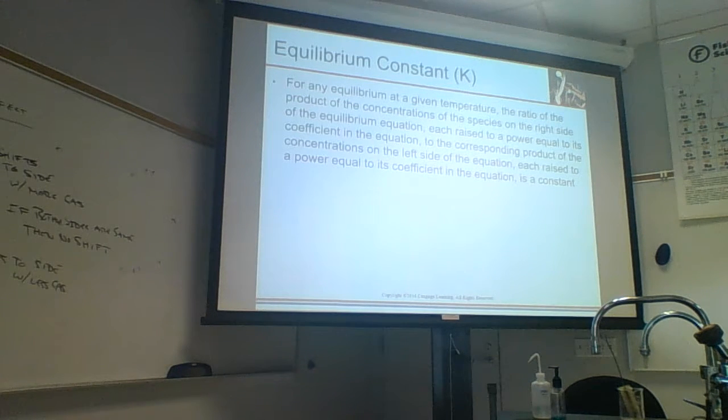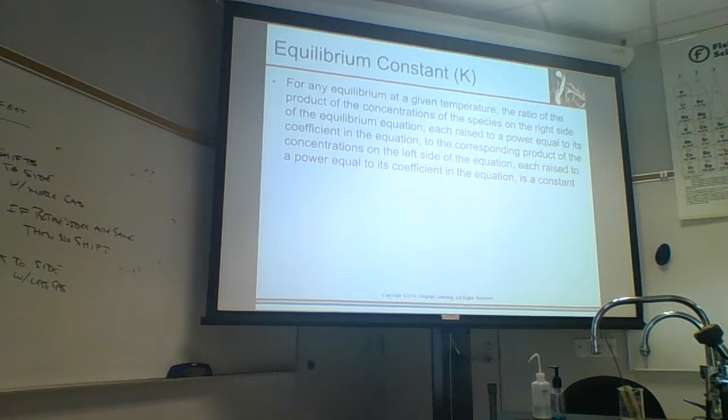K is the ratio of product over reactants, but a little bit more complicated than that. So let's take a look at a generic reaction, little a A plus little b B yields little g G plus little h H, where little a is the coefficient and big A is the species.